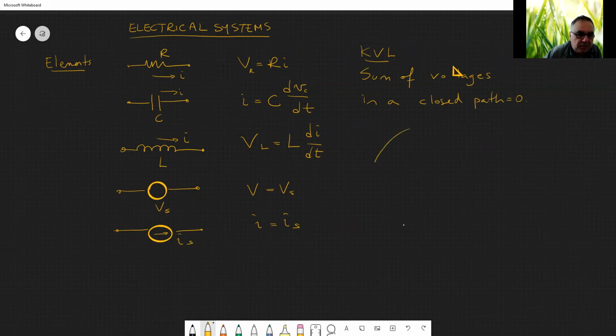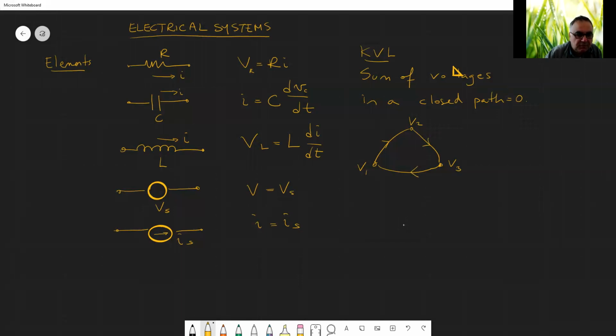So if you have a path like this, let's say this is V1, this is V2, this is V3, and let's show currents like this.